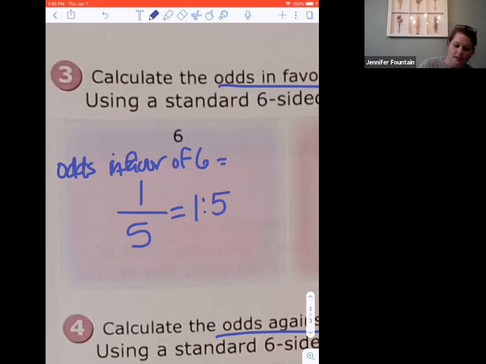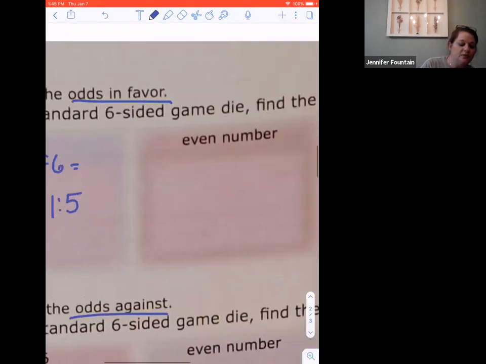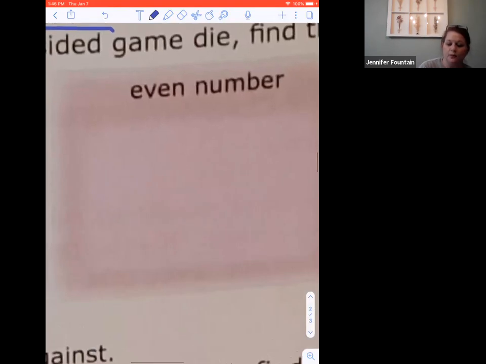Okay. Again, the next one with our even number. Remember, we said we have a chance of 3 even numbers. But now we've got to think about what our denominator is going to be. Earlier when we did probability, there were 6 possibilities. Now I have to take my 6 possibilities and subtract 3 from that. So 6 minus 3 is 3.